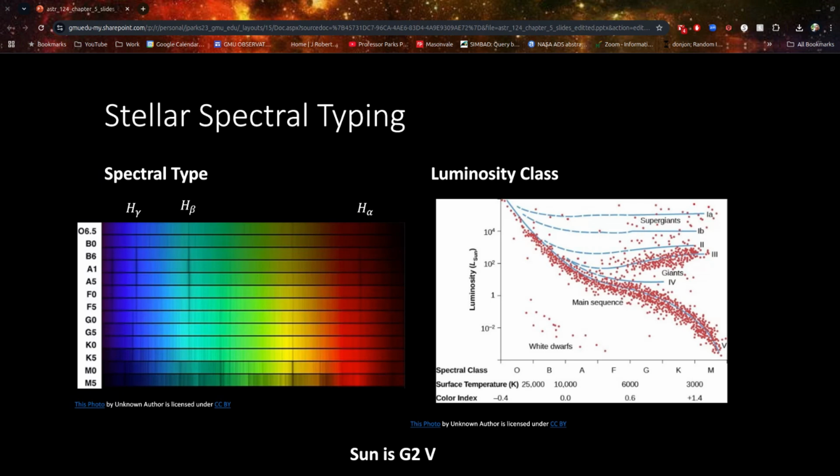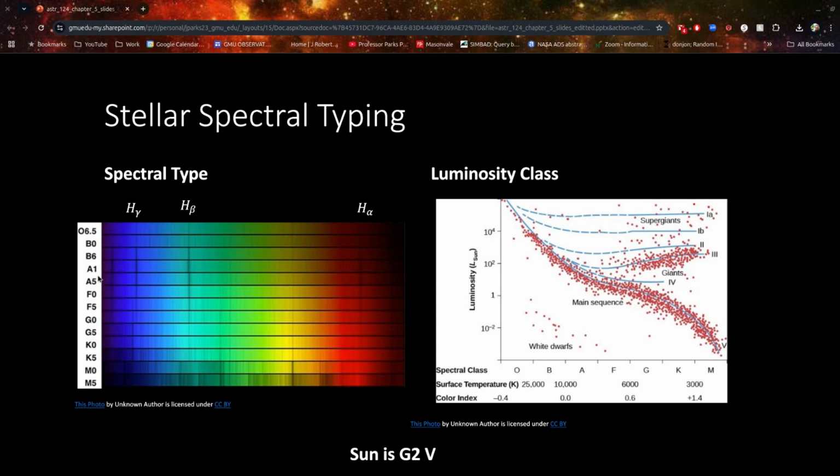I mentioned before that the first spectral typing was complicated. Well, while Cannon made it simpler, we have complicated it a lot since then. But for our sun, for example, the MK type, which is the combination of the spectral type and luminosity class, is G2V.